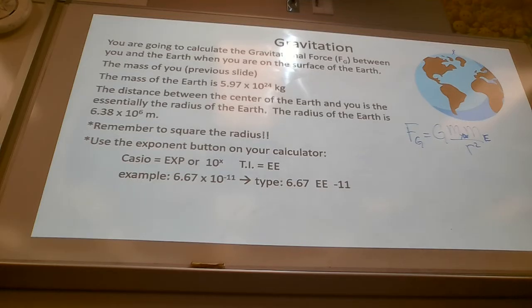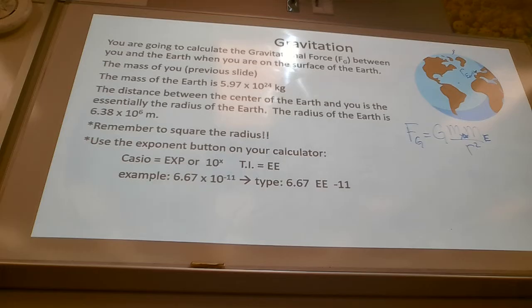The radius. R in this equation is the distance between the centers of the objects. That is going to be essentially the radius of the Earth, because adding half of your height to the radius of the Earth is like adding a drop of water to the ocean and saying, I just raised the sea level.